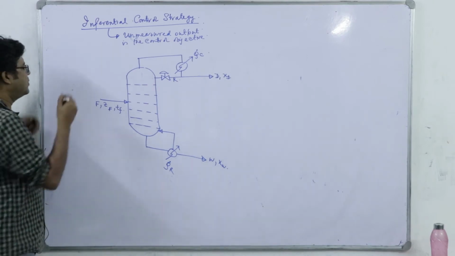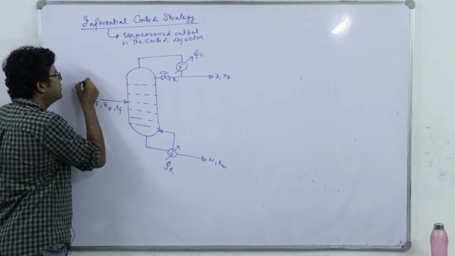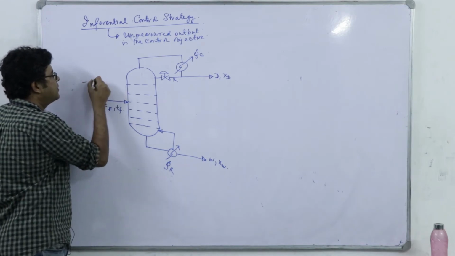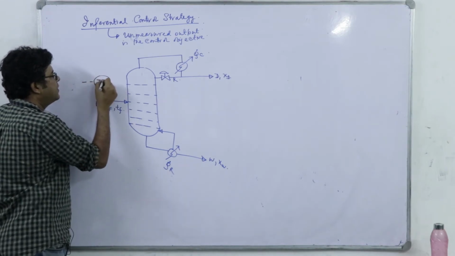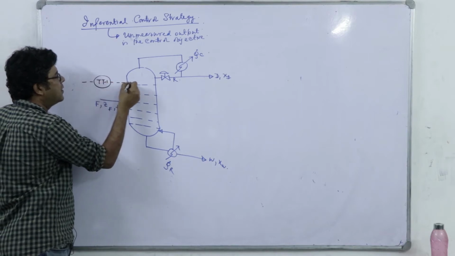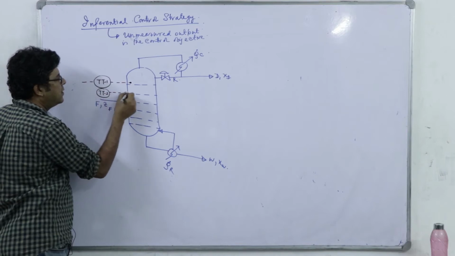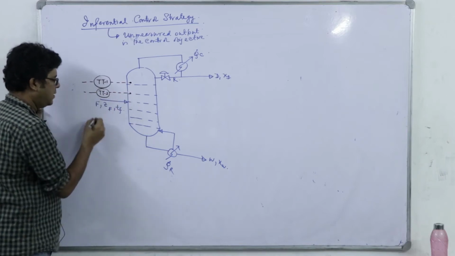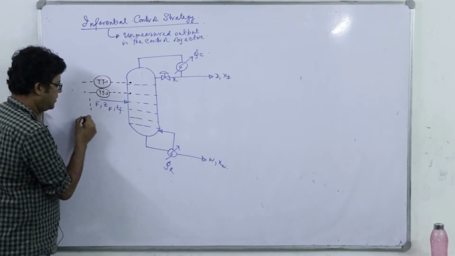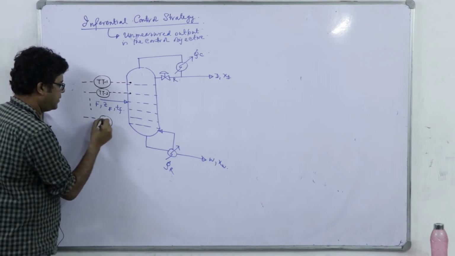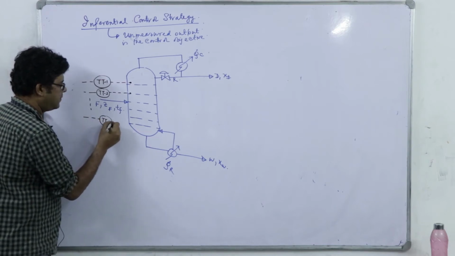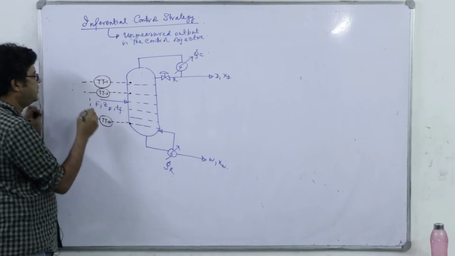Now, what am I going to measure? I am going to measure the temperature. So, this is TT1, and finally, in this way, TTN, right.